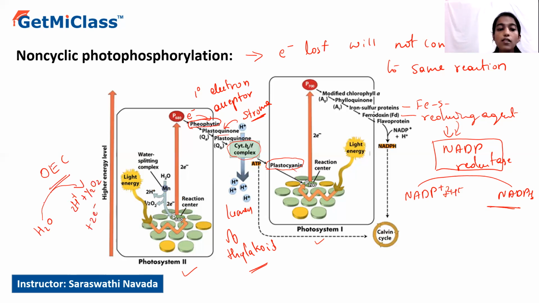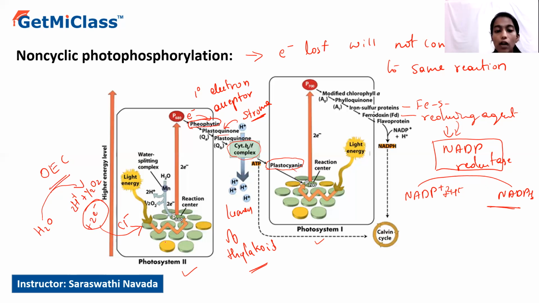Upon splitting of water, whatever electron is formed here will be pumped to photosystem 2, and the reaction will be mediated by the chloride ions. Okay, so that is how the electron lost in photosystem 2 during photoexcitation will be replenished.